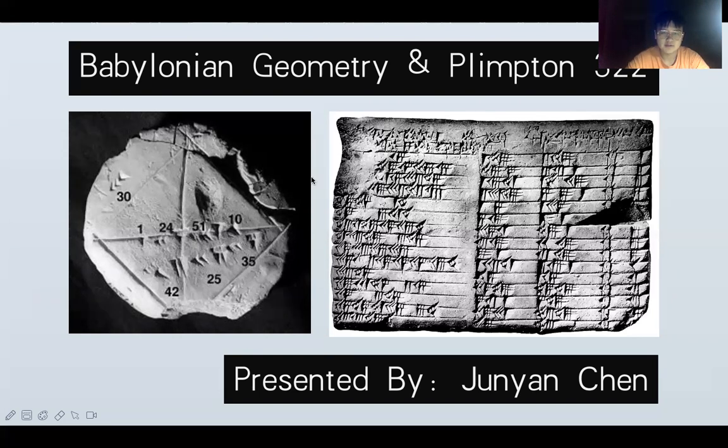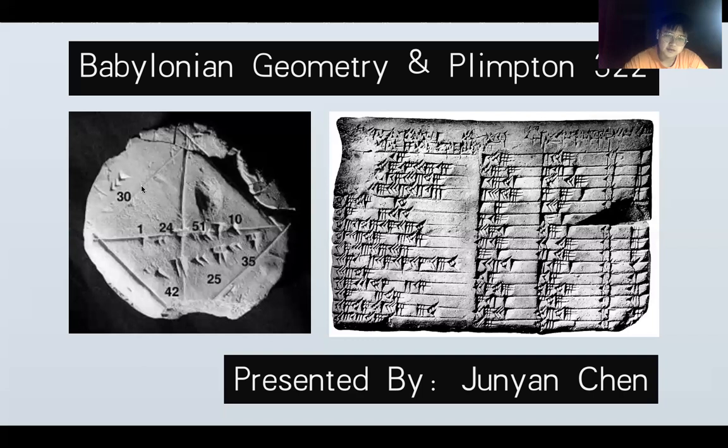Okay, so on the first page of my PowerPoint, I put two pictures. On the left, it's a stone. It has some rectangles on it, and if we look more clearly, we can see Mesopotamian numbers on it. This stone was found in the region of ancient Babylon.